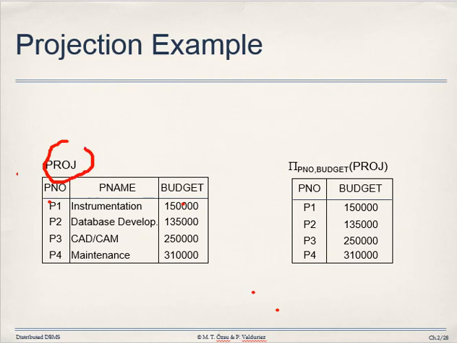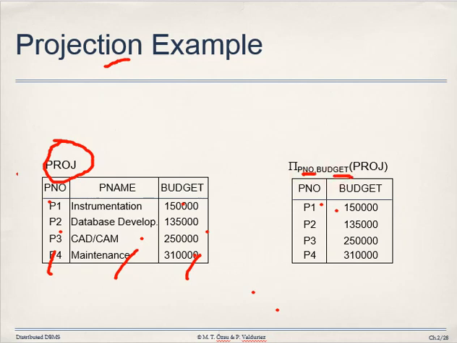Suppose here we have a project relation with 3 columns, 1, 2 and 3. We have applied pi, the projection, on the attributes project number and budget. So in our original relation we have 3 attributes, and in the result we will get only the 2 attributes that we mentioned, project number and budget.